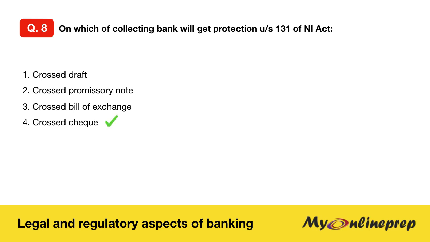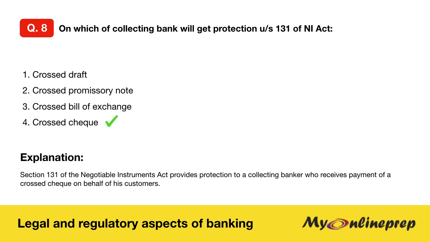Section 131 of the Negotiable Instruments Act provides protection to collecting bankers who receive payment of a crossed cheque on behalf of their customer, and not for a crossed draft, crossed promissory note or crossed bill of exchange. Got it? Great.